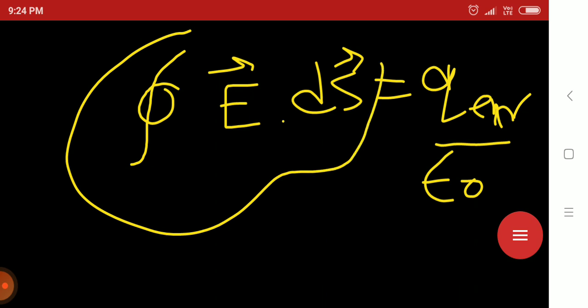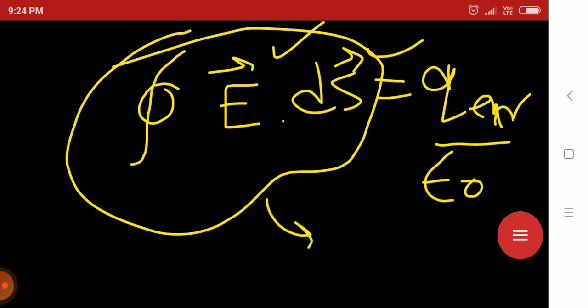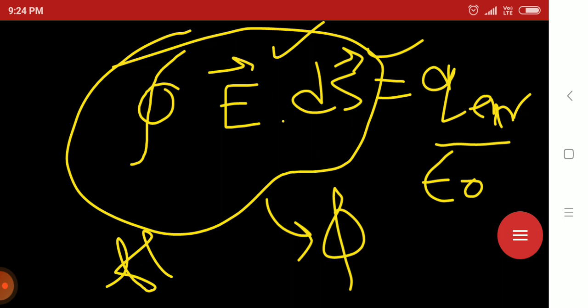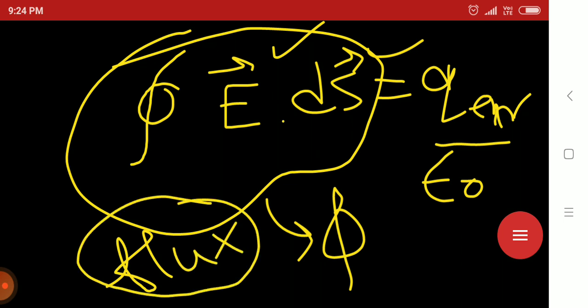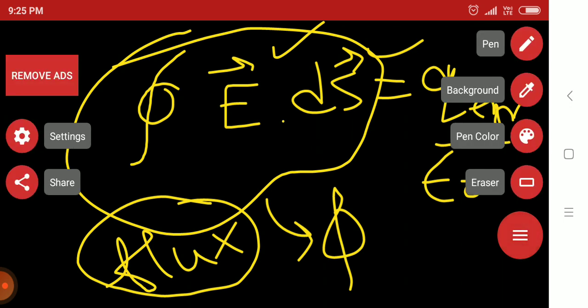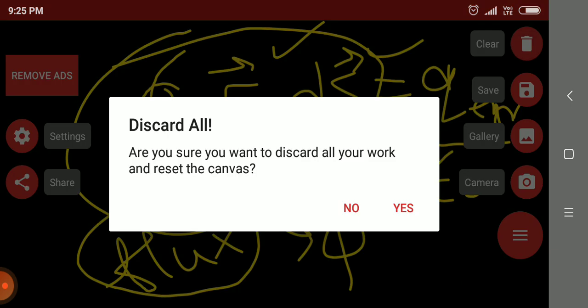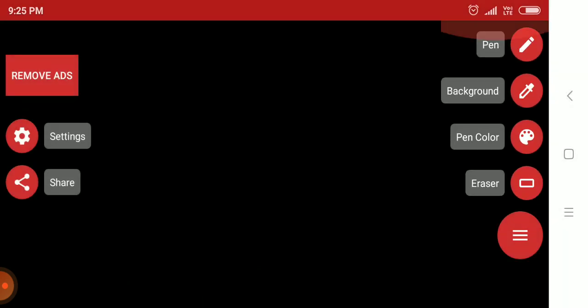What is this E dot dS? You know E is the electric field, and dS is the area vector. So it gives the flux through the area. We will apply this formula to obtain the electric field inside a uniformly charged sphere. So okay, let's carry on.